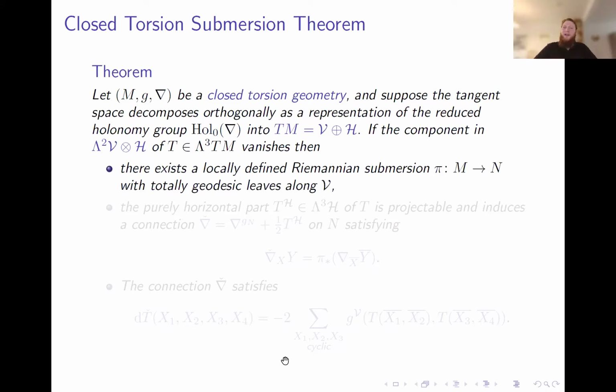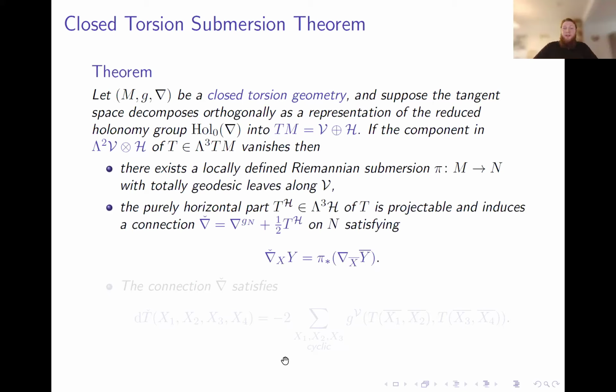We get a locally defined Riemannian submersion along the vertical distribution. The horizontal part of the torsion is projectable and induces a new connection on the base. And this connection, nabla check, can again be considered a projected connection of the one on the total space.